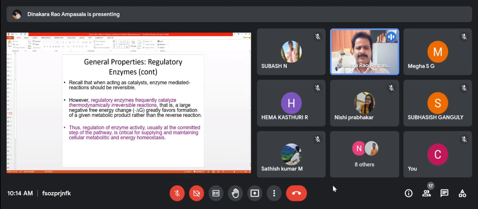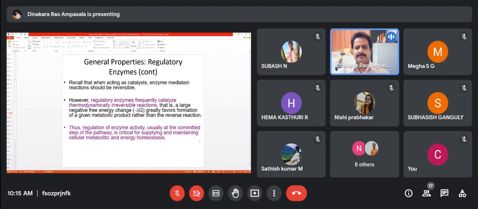Okay, so recall that when acting as a catalyst, an enzyme mediated reaction should be reversible. However, regulatory enzymes frequently catalyze thermodynamically irreversible reactions. That is, a large negative free energy change, a negative delta G, greatly favors the formation of the given metabolic product rather than the reverse reaction.